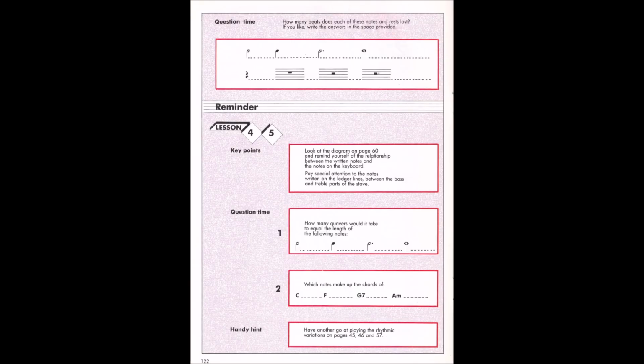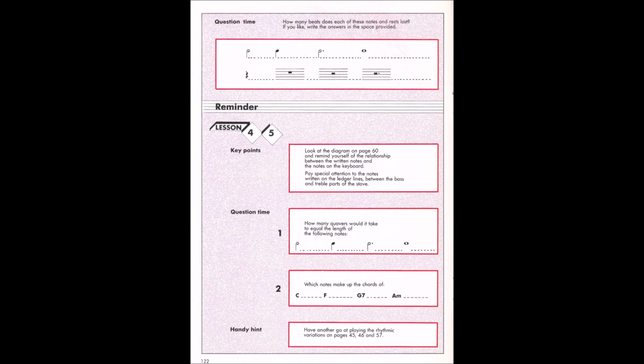At the top of page 122, the time values of the notes are, in order, 2 beats, a minim, 1 beat, a crotchet, 3 beats, a dotted minim, and 4 beats, a semibreve. The rests are worth 1 beat, a crotchet rest, 4 beats, a semibreve rest, 2 beats, a minim rest, and 3 beats, a dotted minim rest.